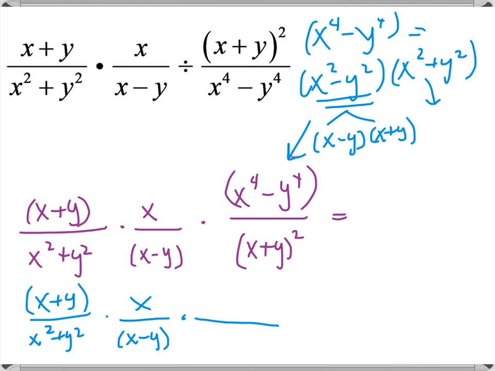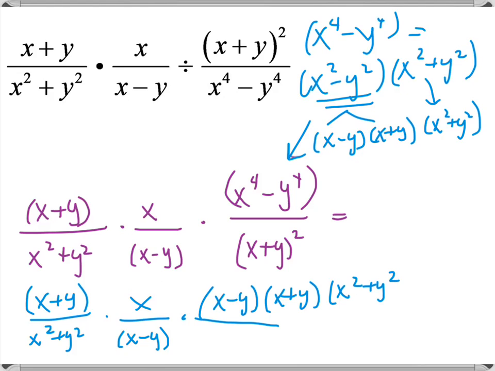And then this would be brought down, that would be x squared plus y squared. Okay? So the top here would be x minus y and x plus y times x squared plus y squared. And the bottom here is x plus y times x plus y.